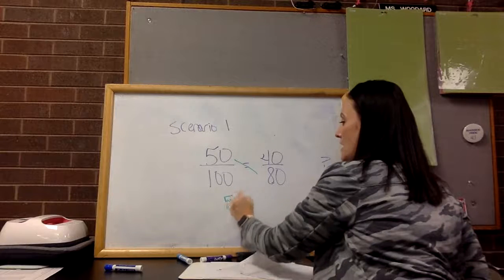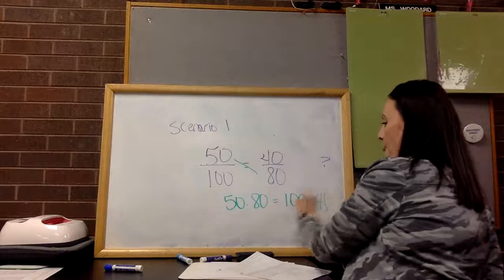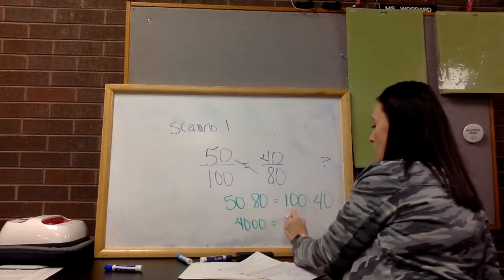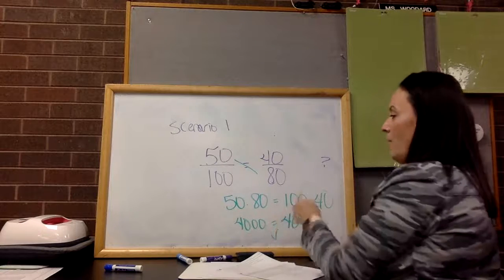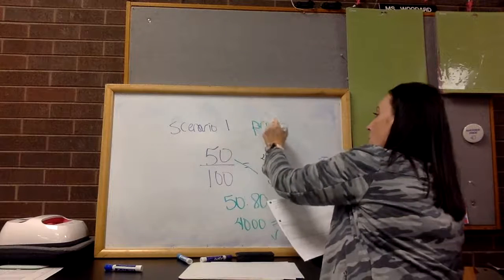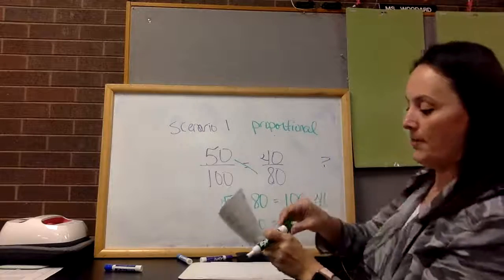So I'm going to take 50 times 80 and see if that equals 100 times 40. 5 times 8 is 40, add those 2 zeros. And then 1 times 4 is 4, and add those 3 zeros. This is a check. 4,000 equals 4,000. So scenario 1 is proportional. That's how you determine if two ratios are proportional or not.